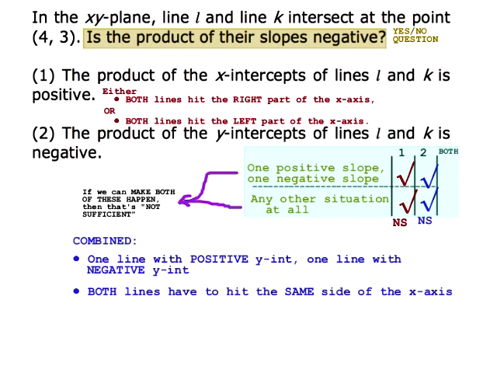And also, they both have to go through (4, 3).